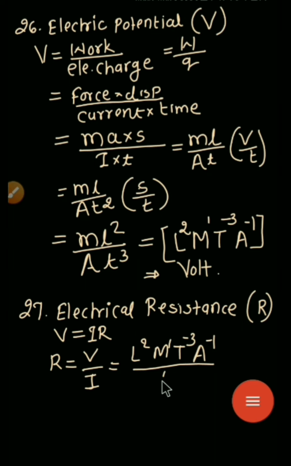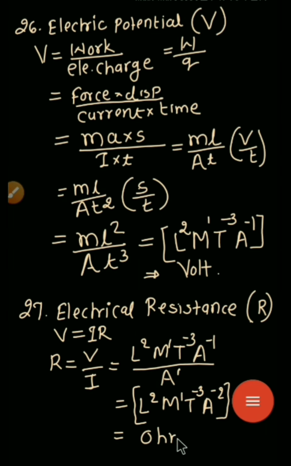Current. And we write current in terms of the fundamental quantity A. So if you write this here, this is in the denominator. When it goes up, this will become minus 2. So this is L2 M1 T minus 3 and A minus 2. So this is the dimensional formula for electrical resistance. And we know what the unit of electrical resistance is? Ohms. So the unit for electrical resistance is ohm.